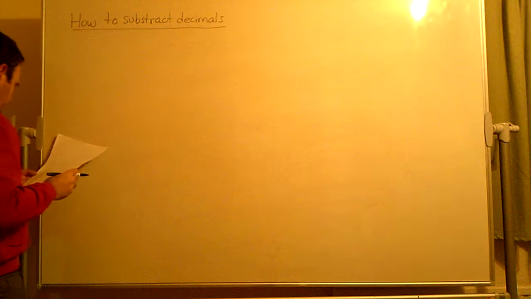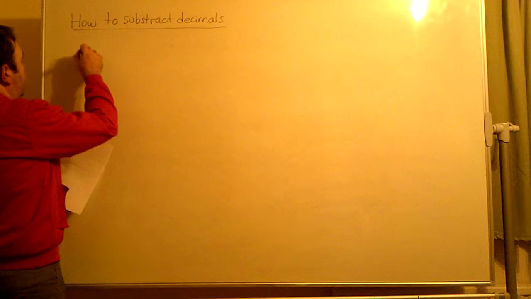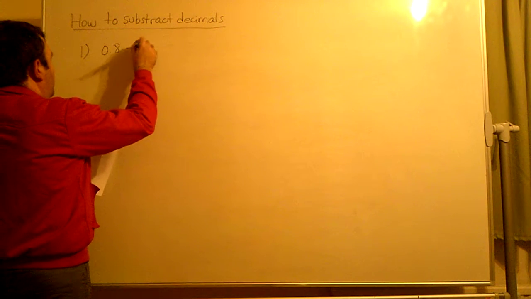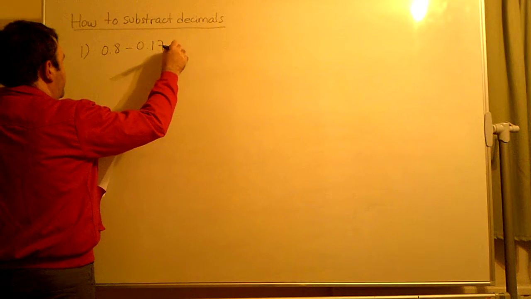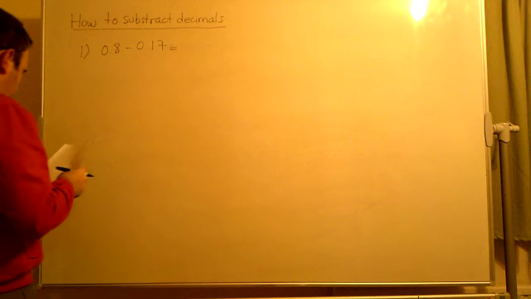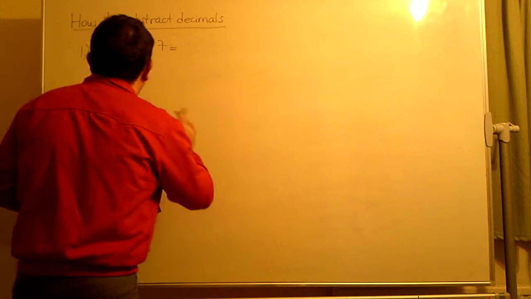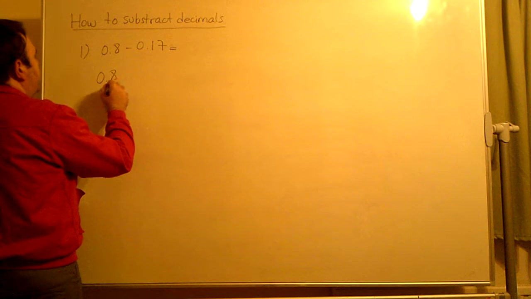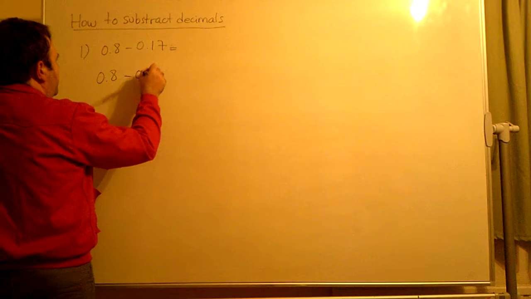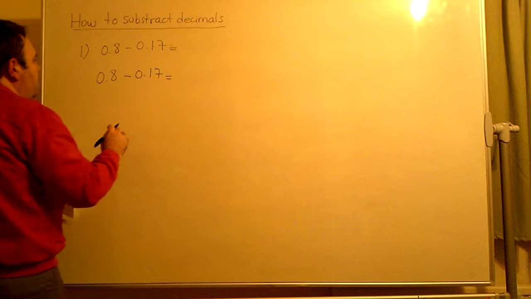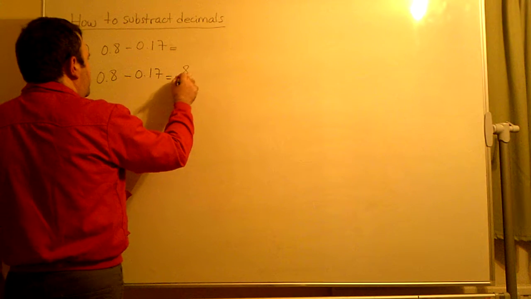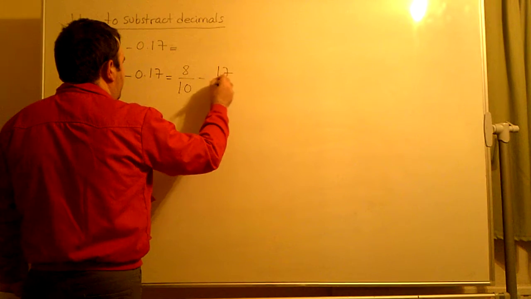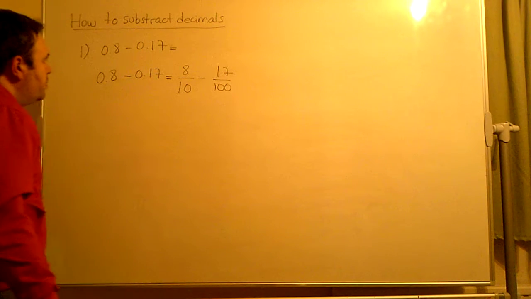So let's say that we have, this is the first example, 0.8 minus 0.17. And then we need to find out the result, so we'll write it down here. 0.8 minus 0.17 is equal to 8 divided by 10 minus 17 divided by 100.